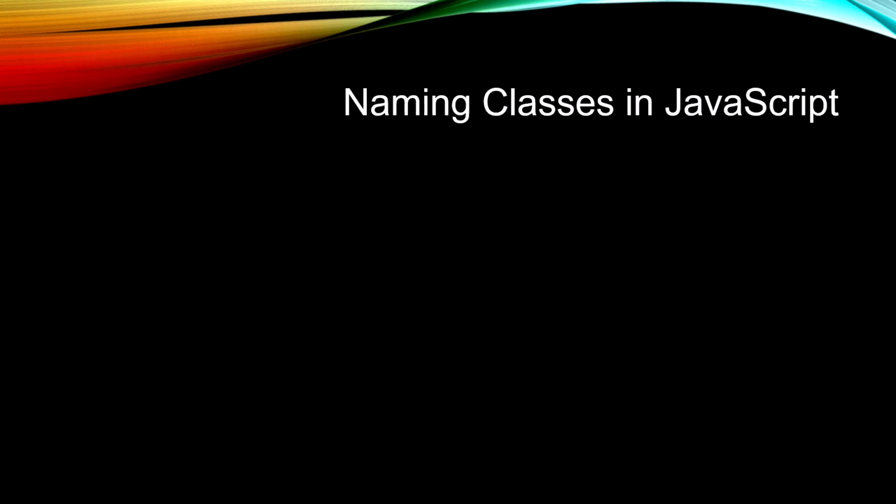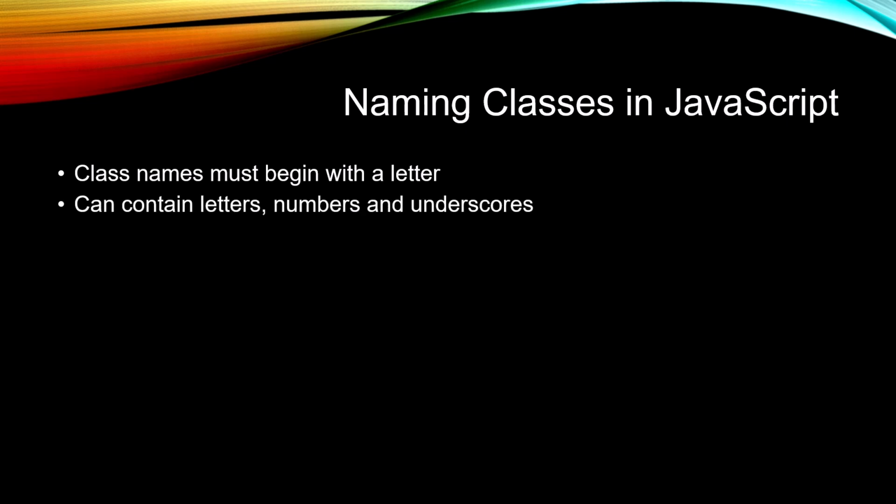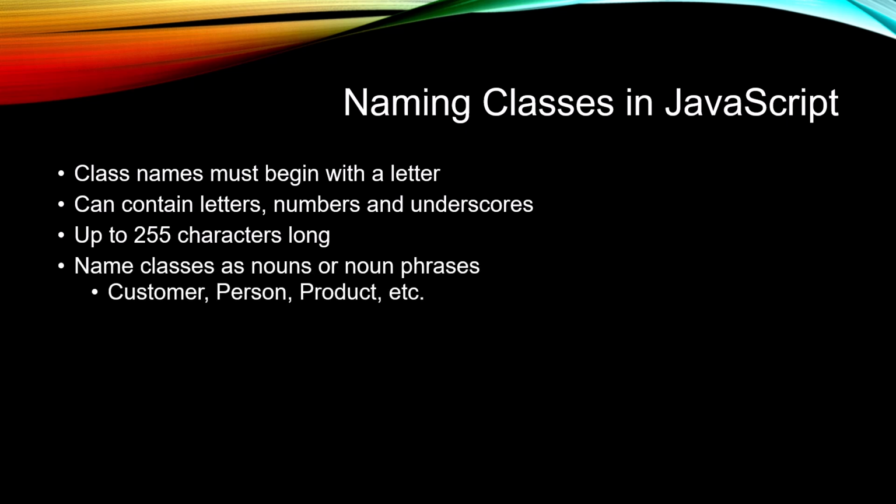When we create classes in JavaScript, we have to be careful on how we name them. We want our class names to begin with a letter. In fact, they have to start with a letter. They can contain letters, numbers, and underscores after that first letter. They can be up to 255 characters long. And we name classes with nouns or noun phrases such as customer, person, product, things like that.